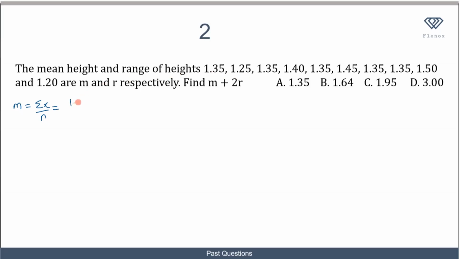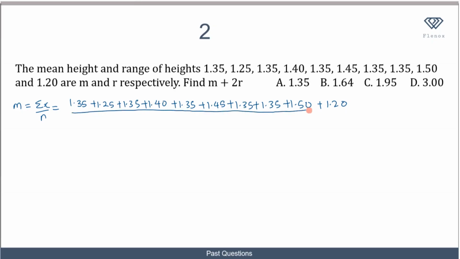So we have 1.35 plus 1.25 plus 1.35 plus 1.40, very long, right? Plus 1.35 plus 1.45 plus 1.35 plus 1.35 plus 1.50, and finally plus 1.20, all over.